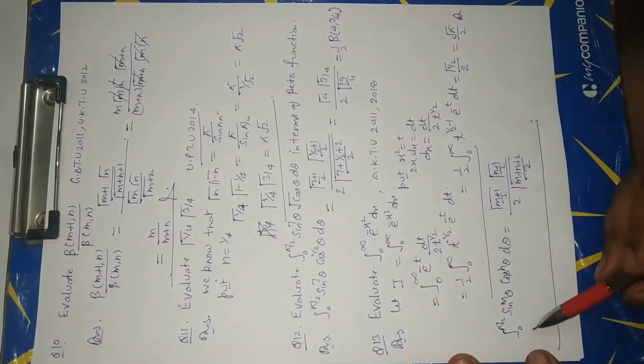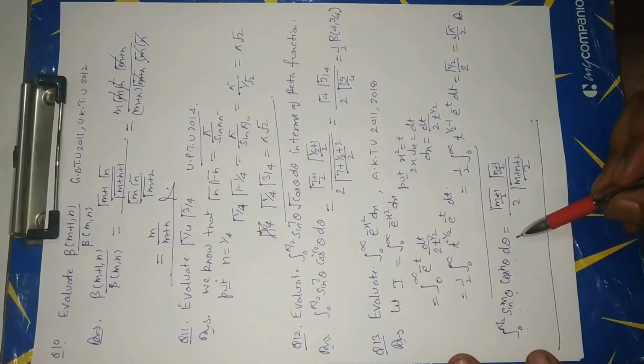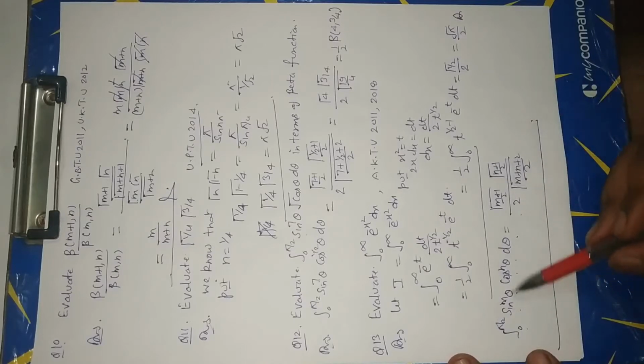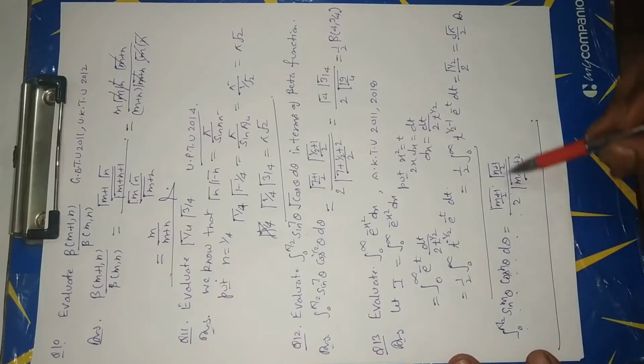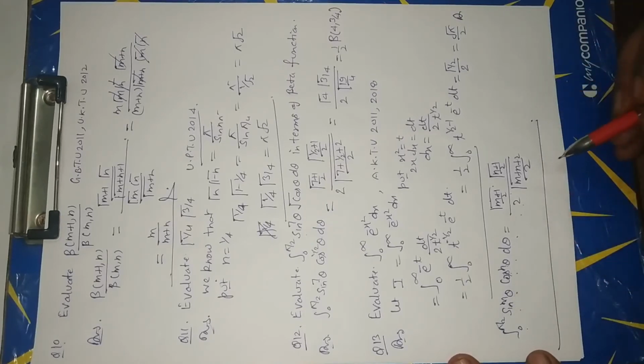We repeat again: integral limit 0 to pi by 2 sin power m theta cos power n theta d theta is equal to gamma(power of sin plus 1 upon 2) gamma(power of cos plus 1 upon 2) upon 2 into gamma(sum of both powers plus 2 upon 2). Okay student.